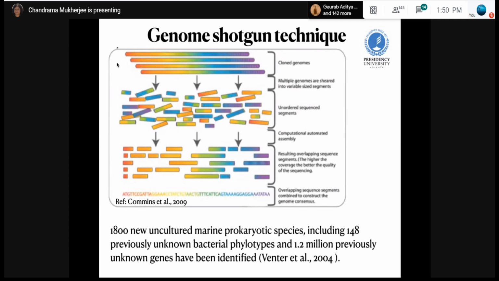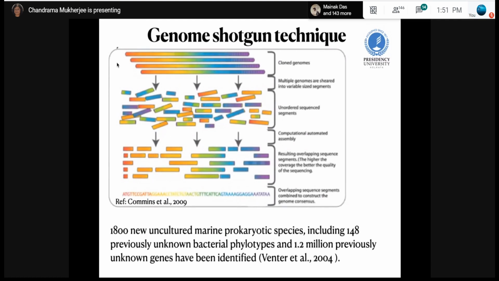In this technique, with the help of metagenomics, the genomes are cloned and then multiple genomes are sheared into very small fragments of different sizes, and then these unordered smaller fragments of genomes are sequenced. Now, all the sequences we obtain from this analysis are unordered, not paired up.